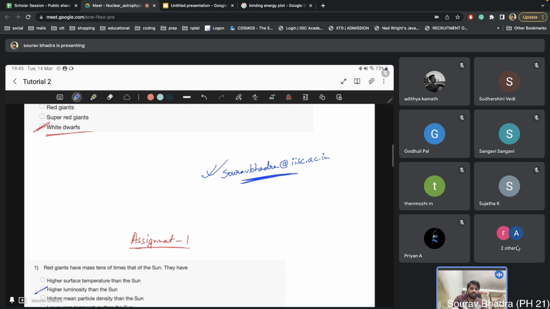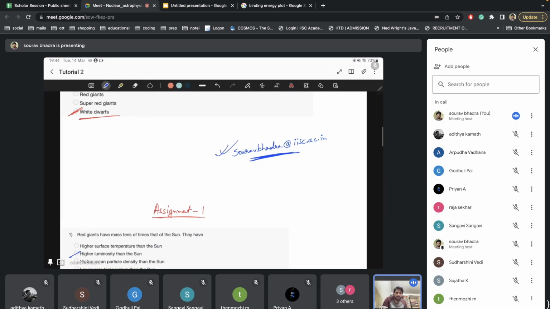And I cannot see others' names, so they can tell from where they are and which class or year they are. These 6 or 7 names I can see actually. Sudarshani Bedi, is he or she here? I don't know. Raja Shekhar. Okay, no problem.